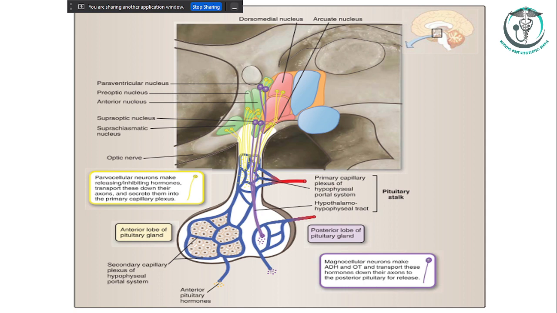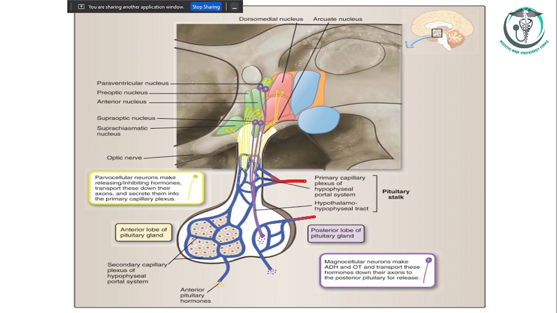Someone said, "I didn't get the definition of a nucleus." So a nucleus, that's specifically when I talk about the nervous system. Whenever you hear nuclei, it is a cluster or aggregation of soma bodies of neurons.